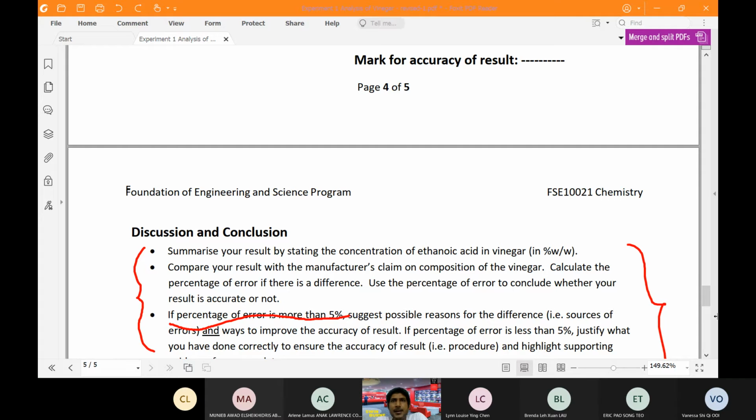All right. After 2 days, you will automatically lose 20% of marks. After 3 days, you will lose 30% of marks. And after 5 days, 0 marks will be given. There will be no marks given for submission after 5 days.